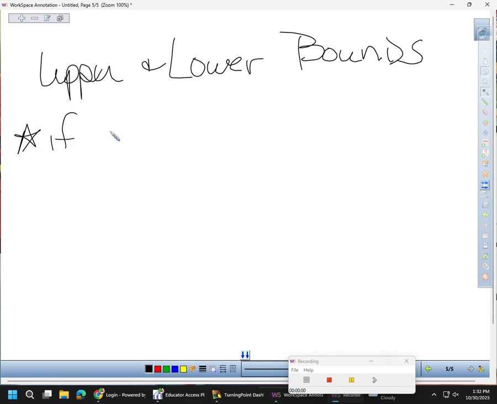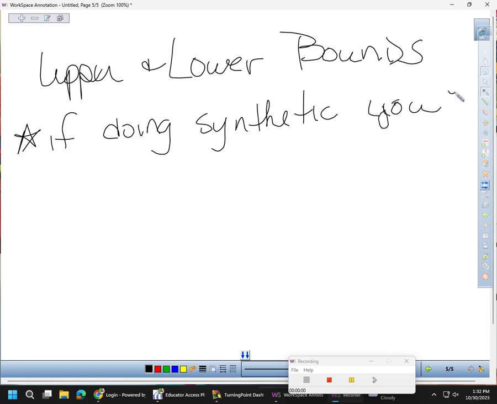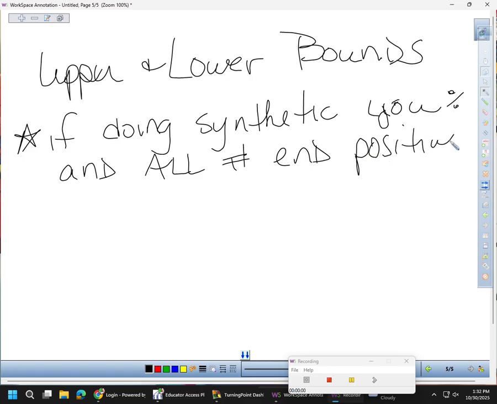If doing synthetic division and all numbers in the bottom row are positive, then that zero is an upper bound.